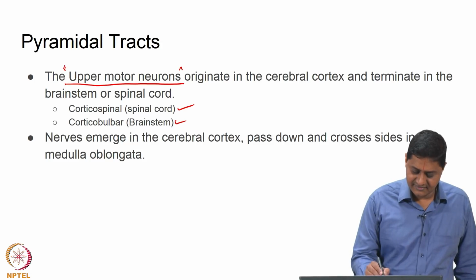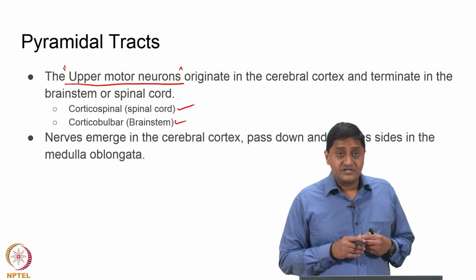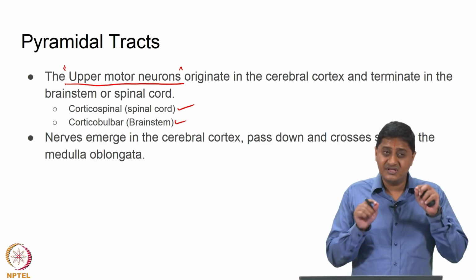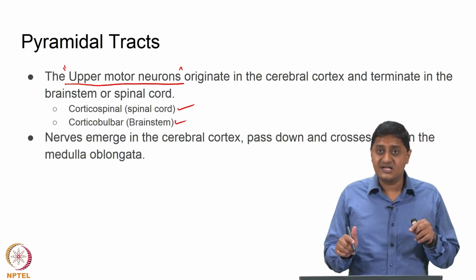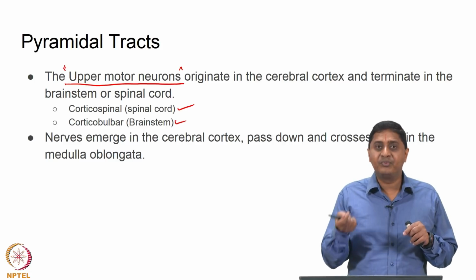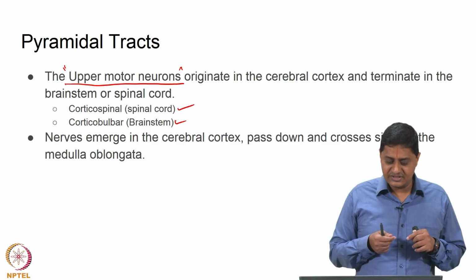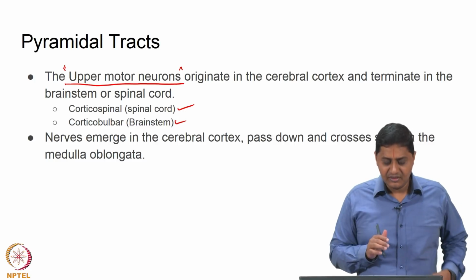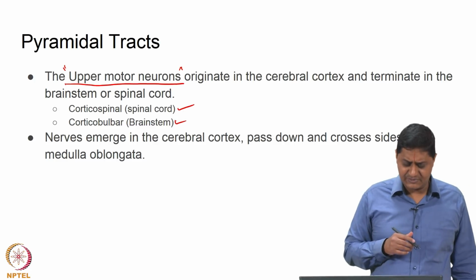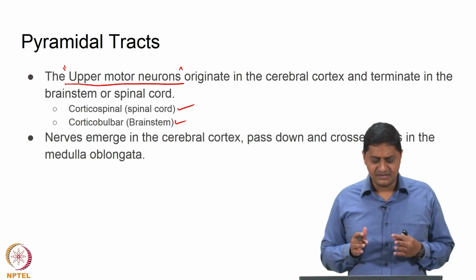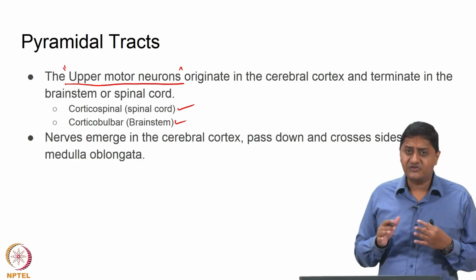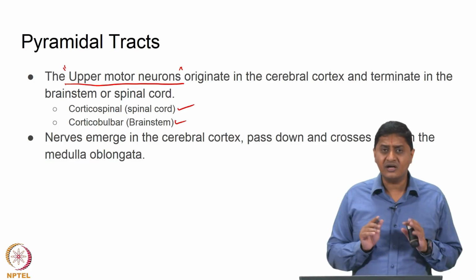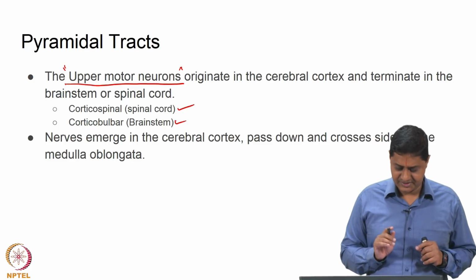This has the dubious characteristic of suggesting that there are motor neurons that are upper, and then there are motor neurons that are lower, and somehow these motor neurons connect with each other, like a string that is connecting and pulling. It may give rise to some wrong interpretations of what is actually happening, but frequently textbooks also use this terminology, upper motor neurons. Whenever we mention upper motor neurons, no such hierarchy is actually meant. What is meant is that neurons in the cortical areas are called upper motor neurons, okay.